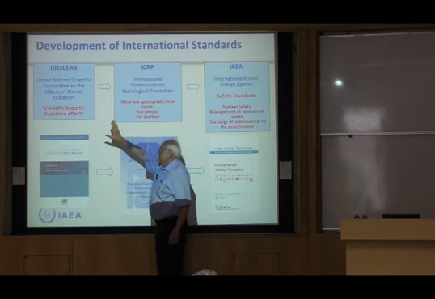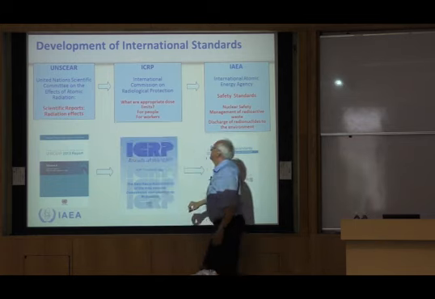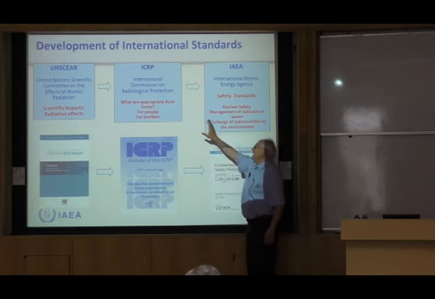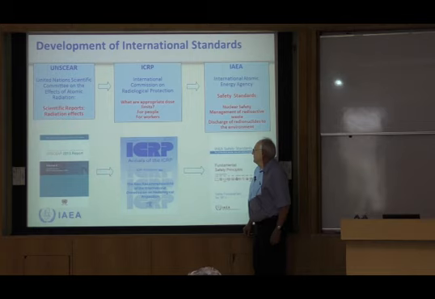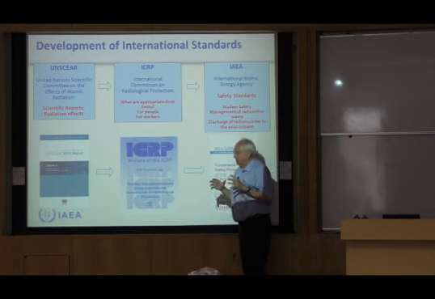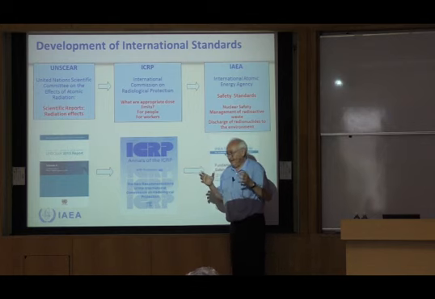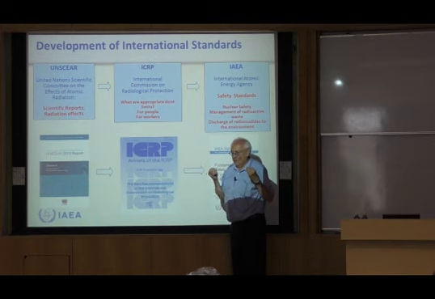Based on these activities by the UNSCEAR, we have the ICRP. ICRP stands for International Commission on Radiological Protection. This is more or less a private charity, a private organization which was founded in 1928 when people realized that the application of radiation in medicine caused health problems and caused severe diseases to people.